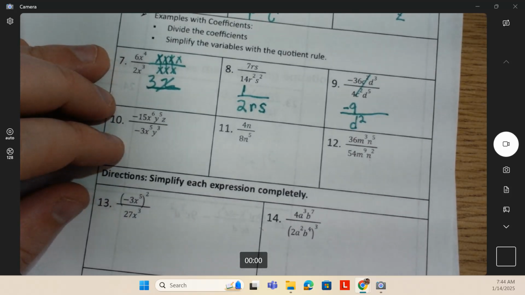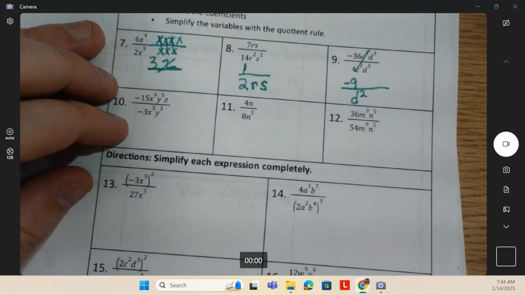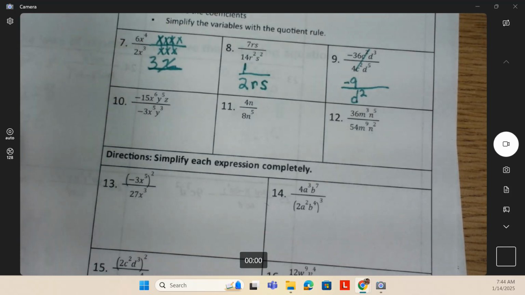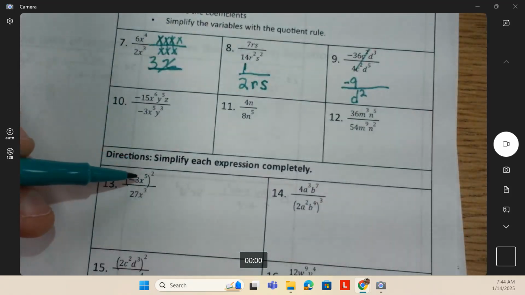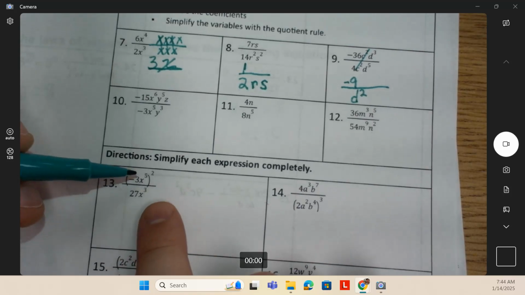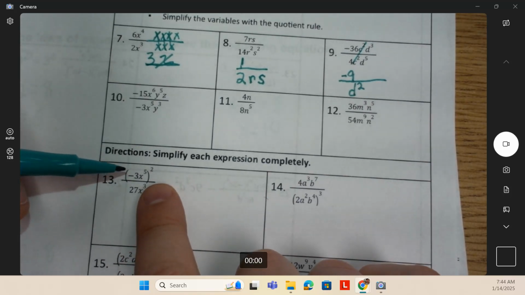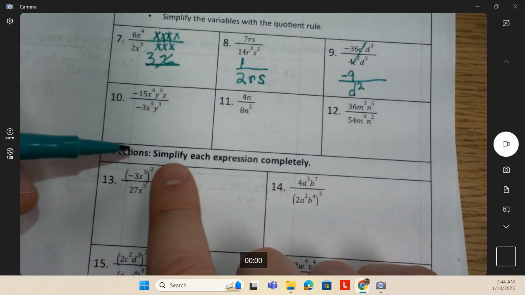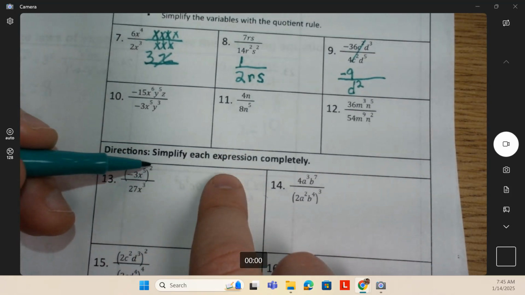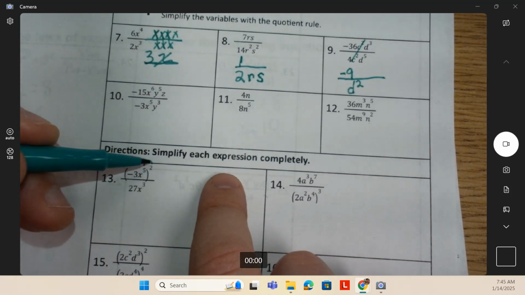Then when we're looking at the mixed practice down here, simplifying each expression, one of the things we haven't talked about, or we may have talked about, it just depends on what order we do this in, is doing 3x to the fifth squared. Basically, this squared up here distributes to both of them.